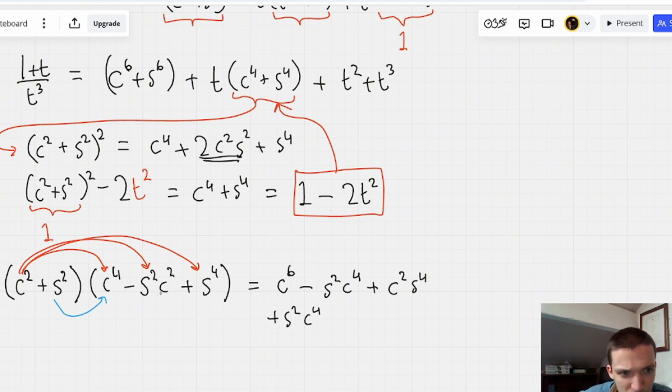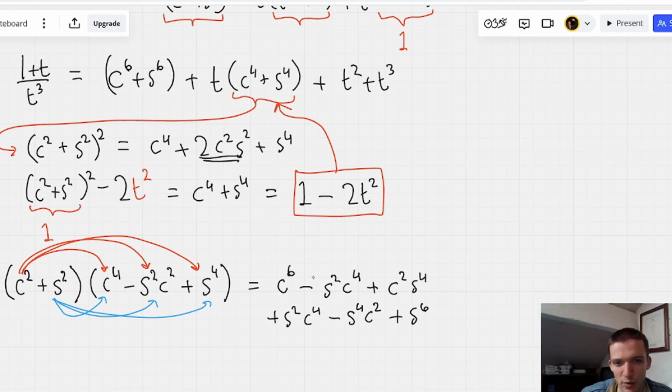And is that correct? Yes, sorry, I've written my c and s's the wrong way around there. Yeah, that's correct. Multiply these, I get minus s to the 4 c squared, and then multiply these, I get plus s to the 6.